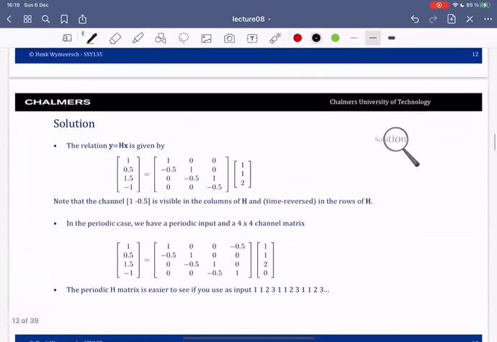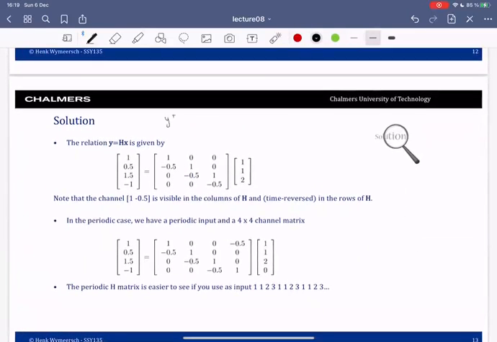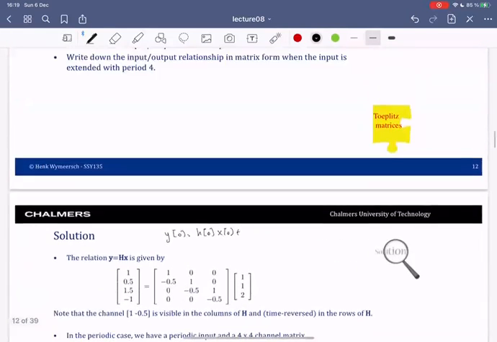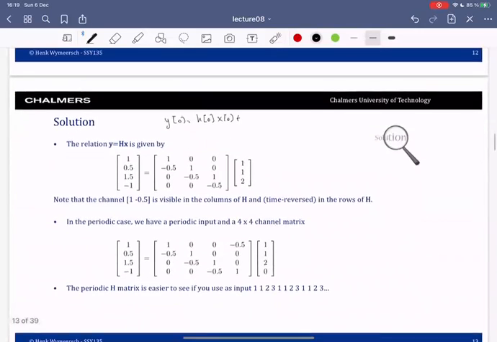So the simplest way to do this is you just compute y0 with the standard equation, h0 x0 plus, let's see what were the delays, 0, 1, 2, h1 x n minus 1 plus h2 x n minus 2. So this is the standard convolution.